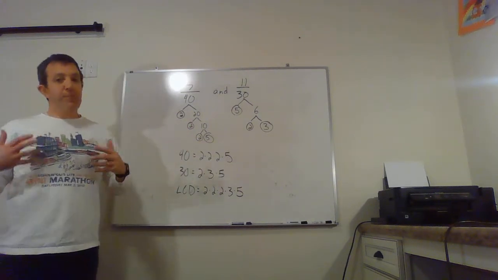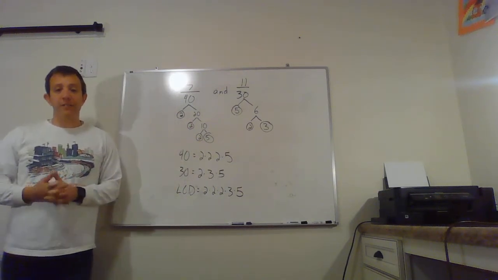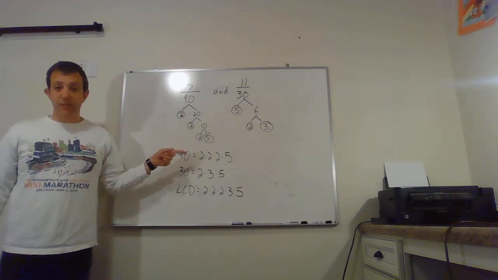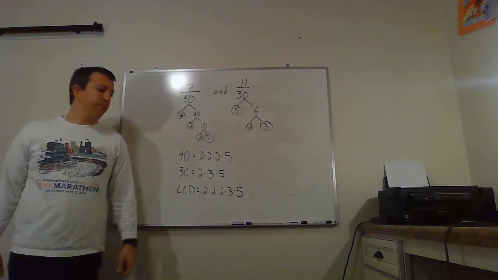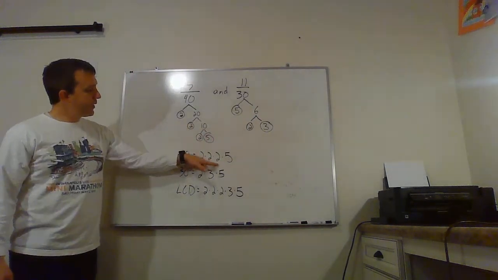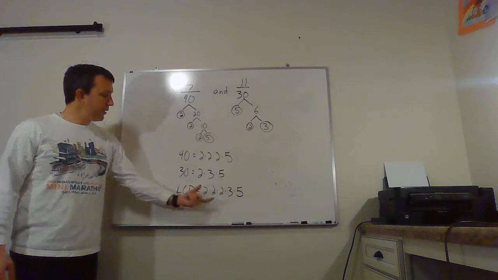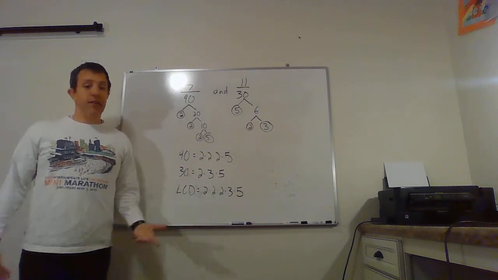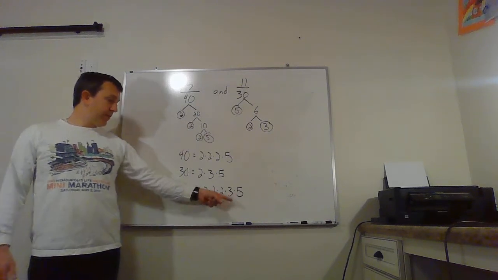Remember, we want to use the most of each factor that we have. So I know I'm going to need 2s, 3s, and 5s to make my common denominator. For the 2s, I need 3 of them because 3 is more than 1, so I use three 2s. For the 3s, there's only 1, right? The 30 has one 3, 40 doesn't have any, so I steal the 3.